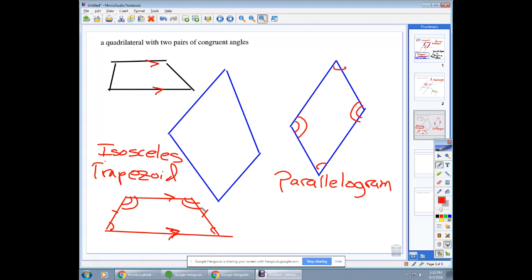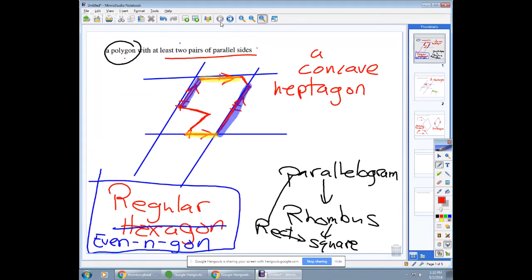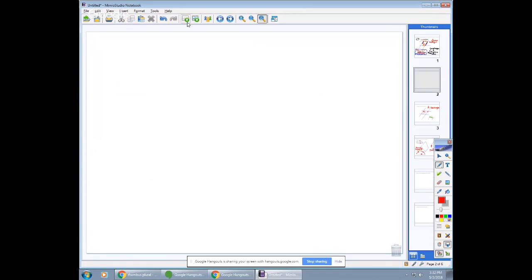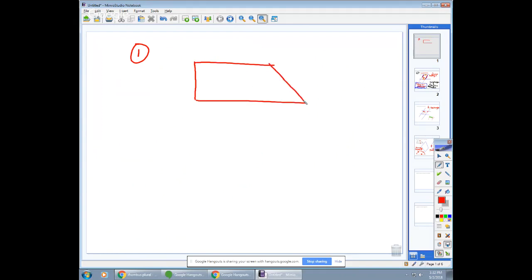So for number 1, we came up with a couple of ideas the other day. If we made a trapezoid where this was a right angle and that was a right angle, that would be one possibility.